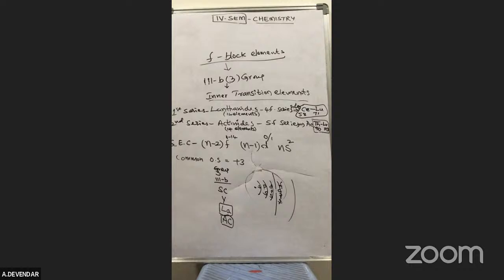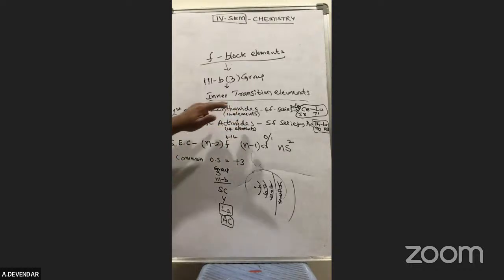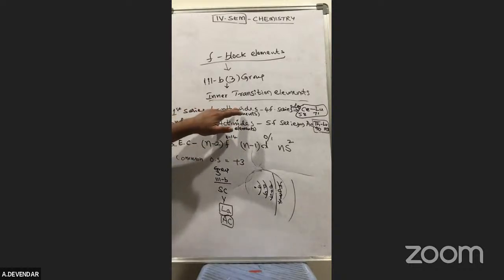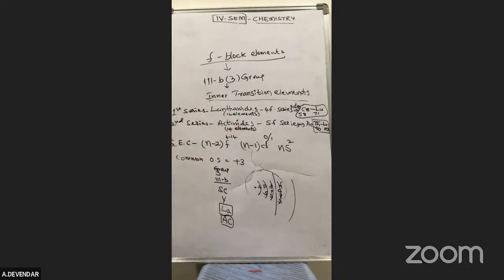This is a difference, easy to remember: one point belongs to 4f, the other to 5f. High bonding energy, low bonding energy. Maximum oxidation state +4, versus +3, +4, +5, +6, +7 also.